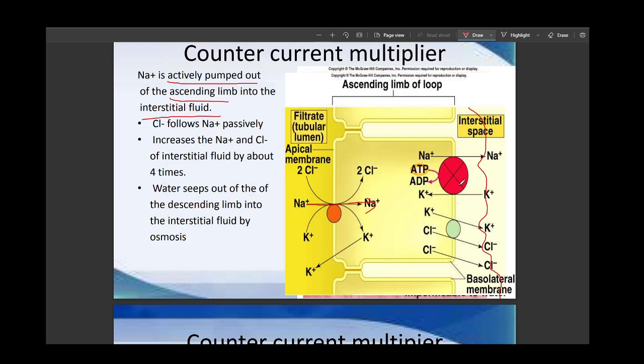This is Na being pumped out, and when Na goes out, Cl follows passively, going out with Na. It increases the NaCl concentration by 4 times outside, and water seeps out of the descending limb into the interstitial fluid by osmosis.